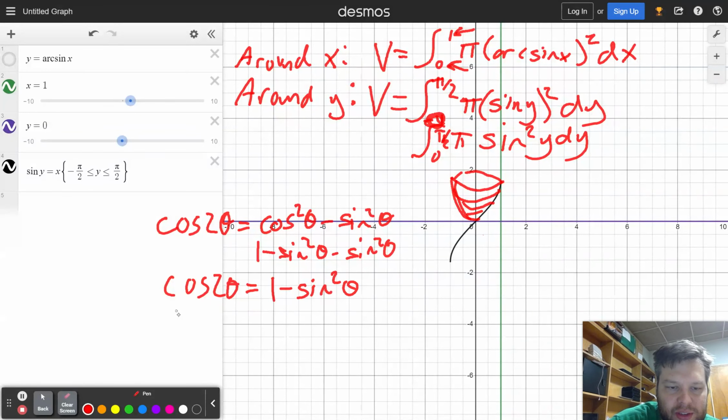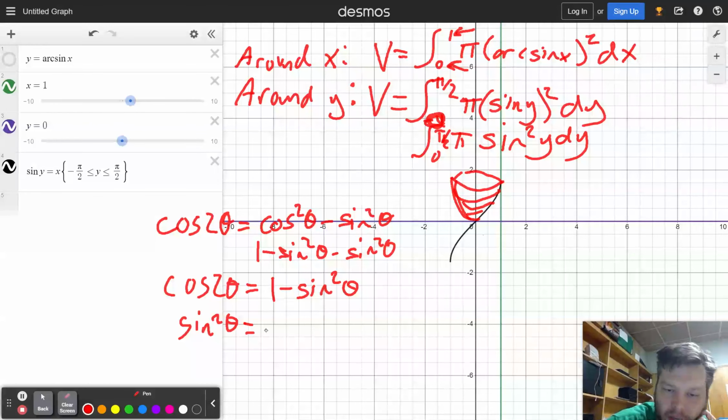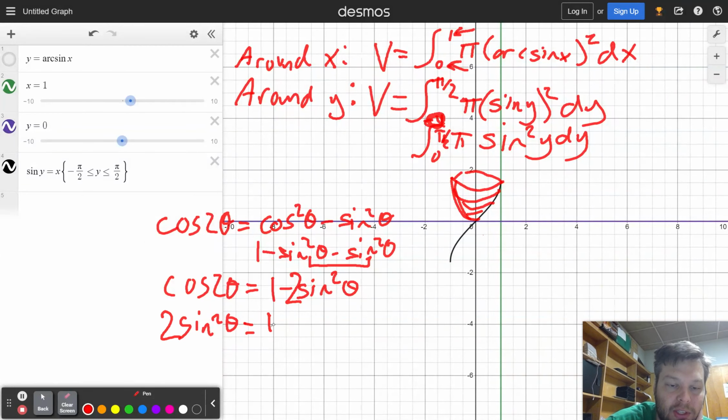Oops, there are 2 sine squared thetas in this line here: 1, 2. So if I add 2 sine squared theta to both sides and subtract cosine of 2 theta, I get this.